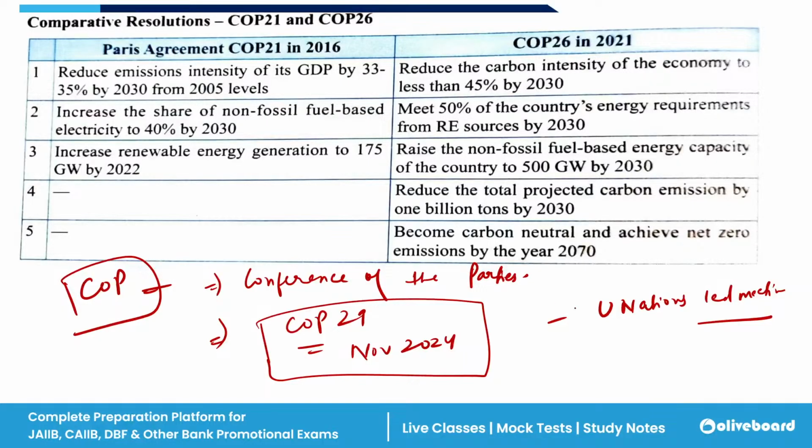So COPs are the main decision-making body of the United Nations Framework Convention on Climate Change, the UNFCCC. This is the institution which is responsible. So every year a COP meeting is conducted in different countries, and in the COP meeting the targets are discussed: what the target should be and by which year we can achieve it.